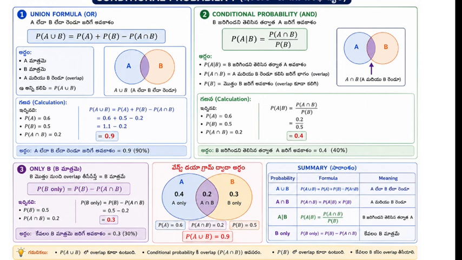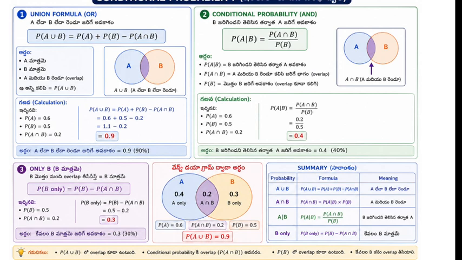In mutually exclusive events, one event also affects the other, but it completely excludes the other event. Here it's not like that. When one event happens, the probability of the other event becomes more.